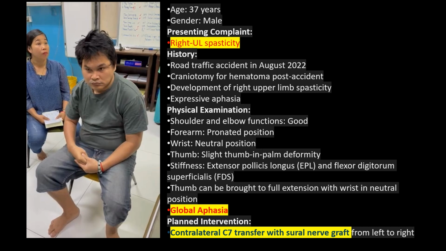And the thumb can be brought to full extension, and he also had global aphasia. And based on these characteristics, we planned a contralateral C7 using a sural nerve graft to bridge the gap, as we did not want to do too much dissection, to do a prevertebral route, to do direct coaptation of the contralateral C7.